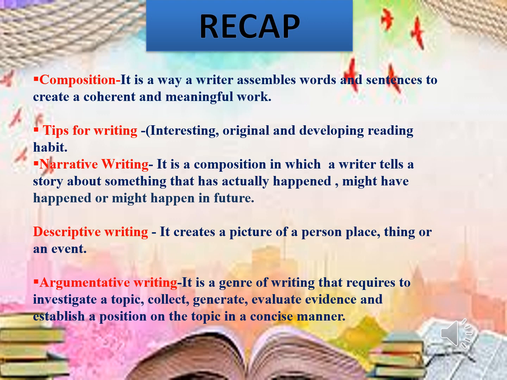And the third type which we did was argumentative writing. It's a genre of writing that requires to investigate a topic, collect, generate, evaluate evidence, and establish a position on the topic in a concise manner. We also discussed the formats and elements of all these compositions in detail. So students, for more information, you can check our previous video.